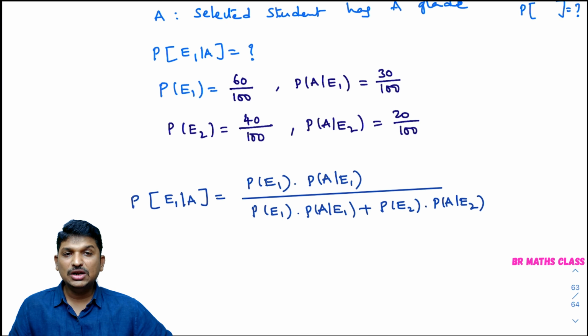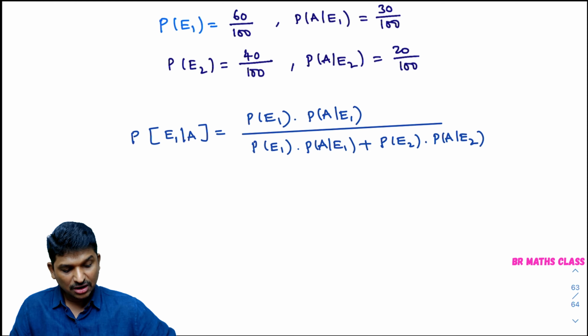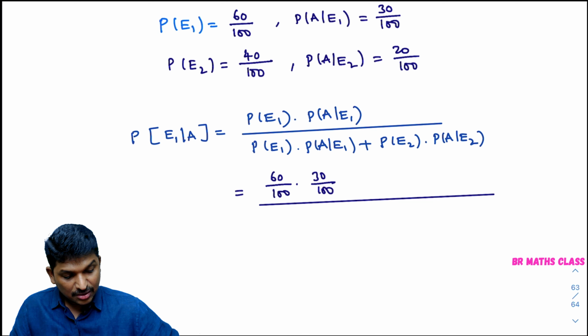Okay. Now all these things I'll substitute in this P of E1 by A formula. Substitute P of E1, that is 60 divided by 100, into P of A by E1. You see, P of A by E1 is 30 divided by 100, whole divided by P of E1.